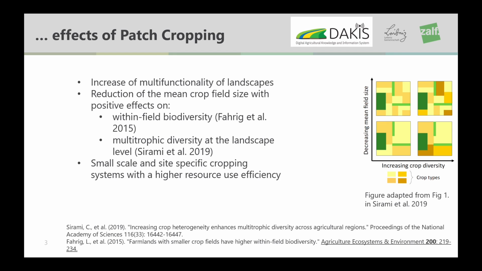This figure here on the right shows how the increase in the number of crop species on the x-axis and the reduction of field size on the y-axis leads from simple landscapes to complex landscapes with a temporal and spatial diversification. These complex landscapes have positive effects on various ecosystem services and lead to a more resilient ecosystem.